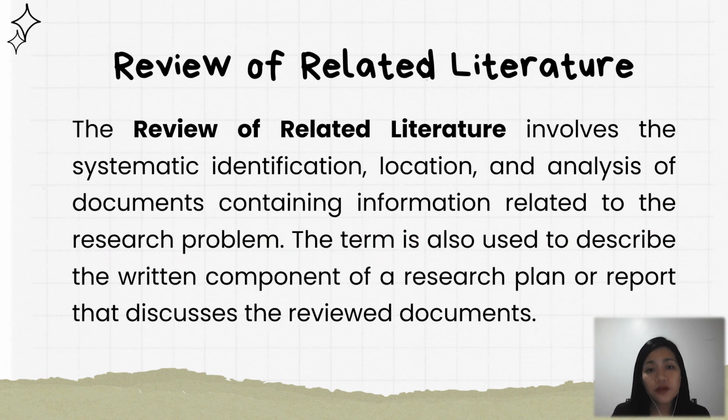Let's take a look at the further definition of what a review of related literature is. It involves the systematic identification, location, and analysis of documents containing information related to the research problem. The term is also used to describe the written component of a research plan or report that discusses the reviewed documents.